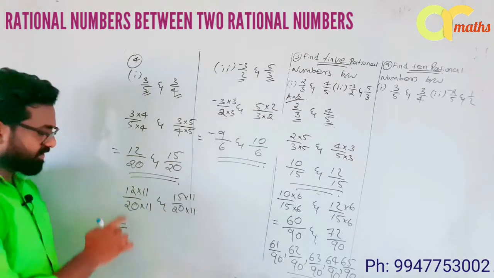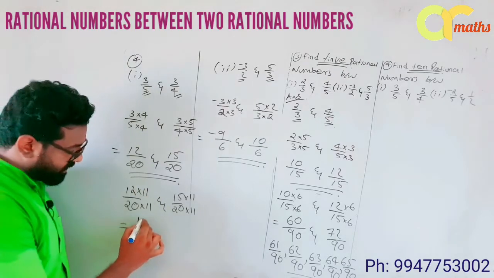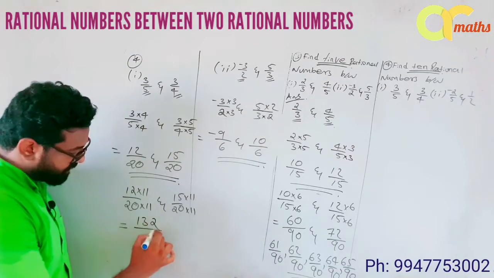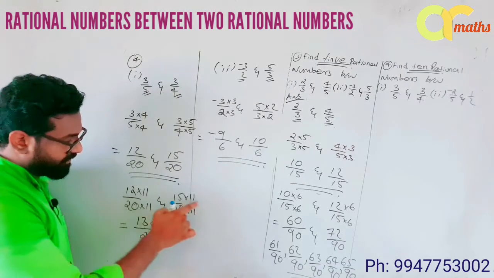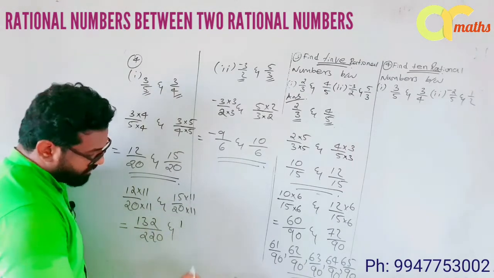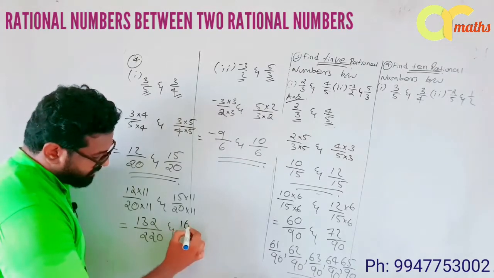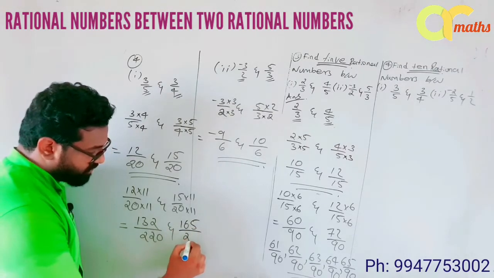What is the answer? 12 into 11, 132 divided by 220, and 15 into 11, 165 divided by 220.